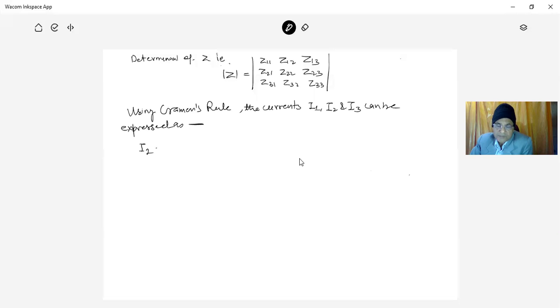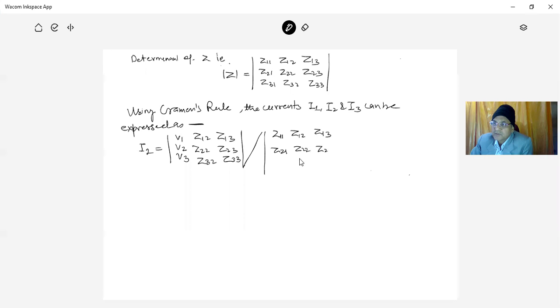I1 is equal to the determinant with first column V1, V2, V3, then Z12, Z13, Z22, Z23, Z32, Z33, the whole divided by the determinant Z11, Z12, Z13, Z21, Z22, Z23, Z31, Z32, Z33.